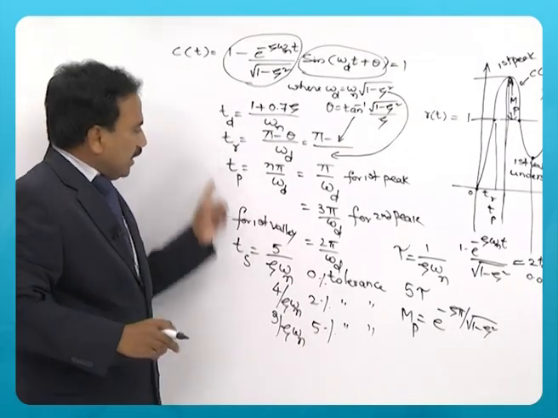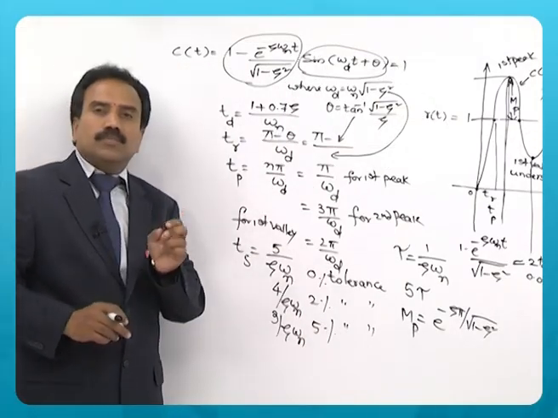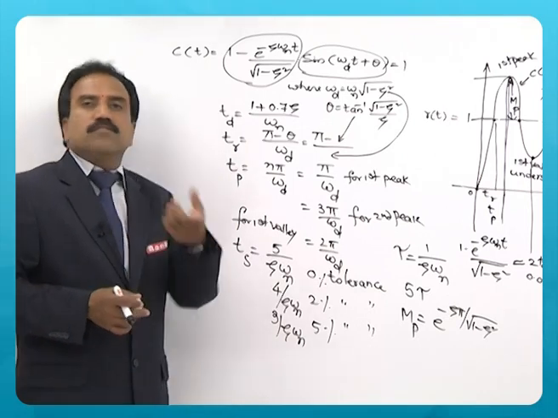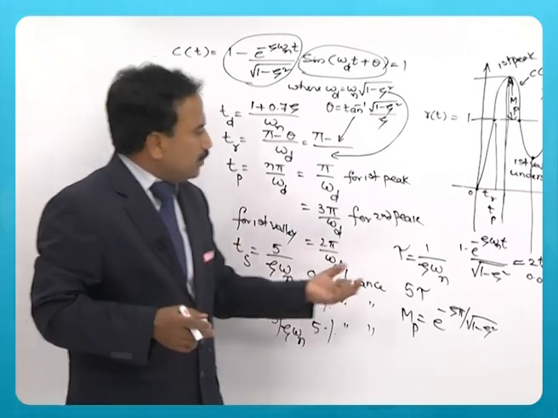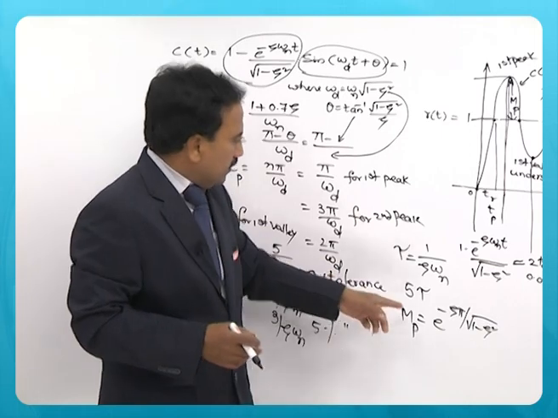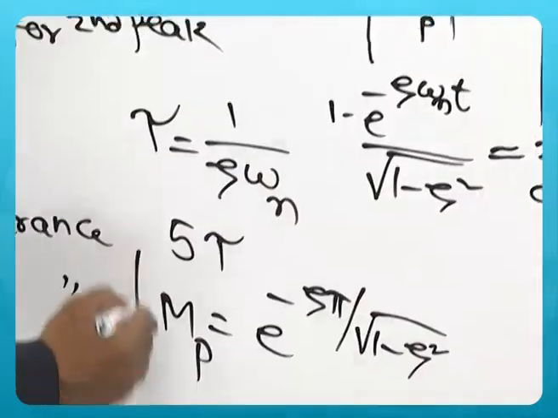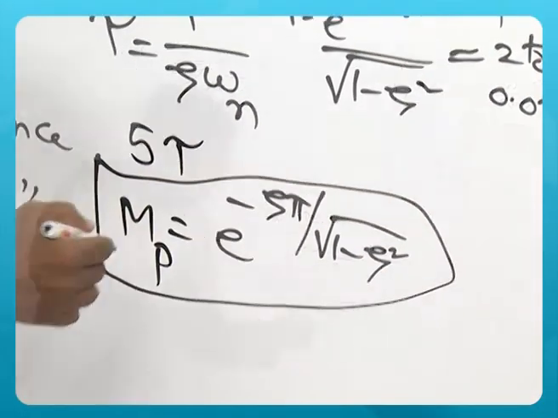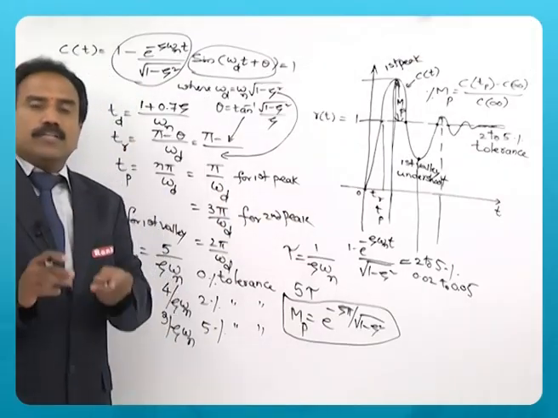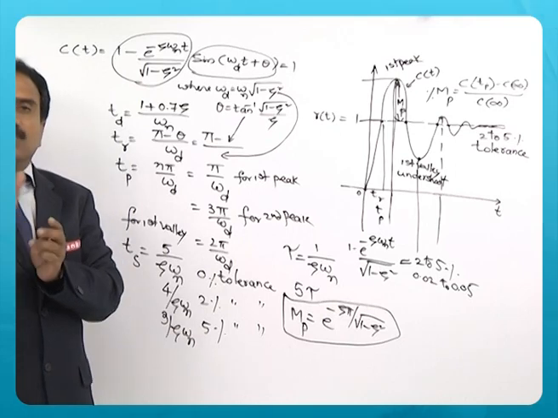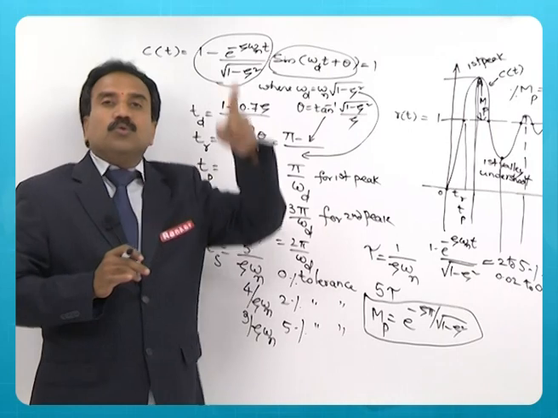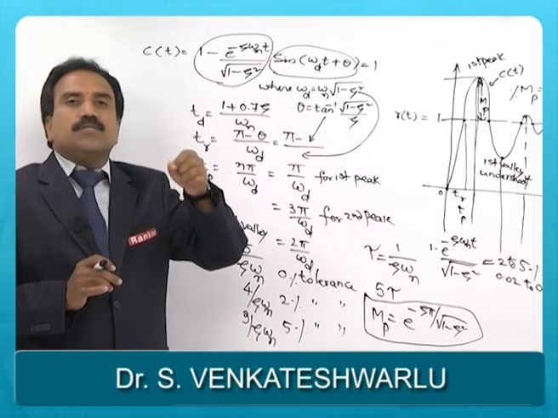So all the times depend on zeta as well as omega n, whereas peak overshoot alone doesn't depend on both zeta and omega n. See the expression for peak overshoot, e power minus zeta pi by this. So it depends only on zeta. So have proper zeta so that peak overshoot is not too much.